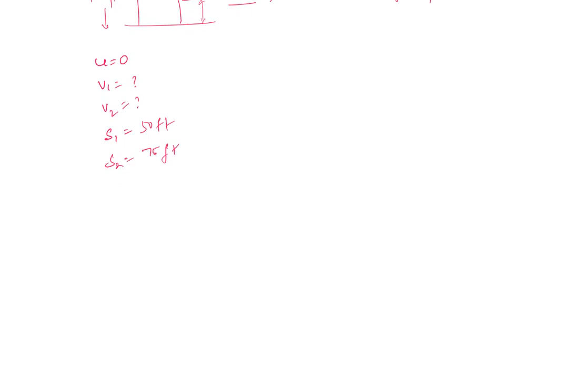Okay, so we'll use the formula that we know. Of course, acceleration is acceleration due to gravity. We'll use the formula which connects these three things. So we know v squared minus u squared is 2as. So in this case it is v1 square minus 0 is equal to 2 times 32.2 times S1, which is 50, right?